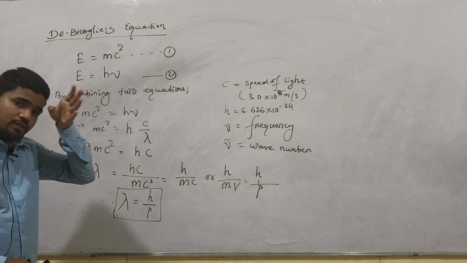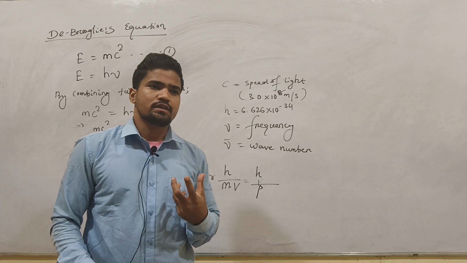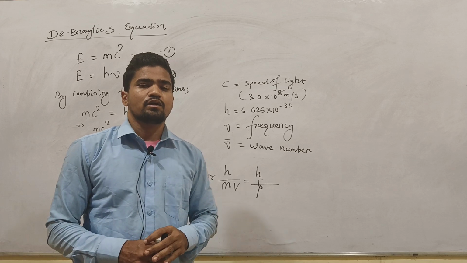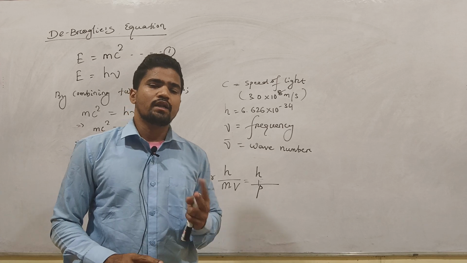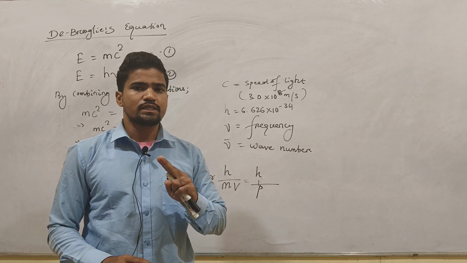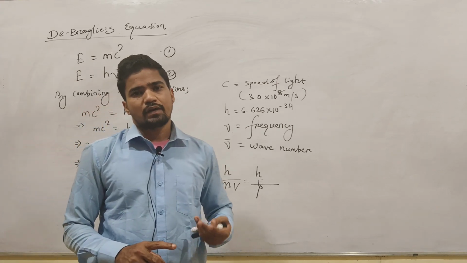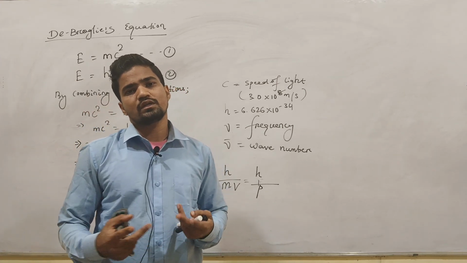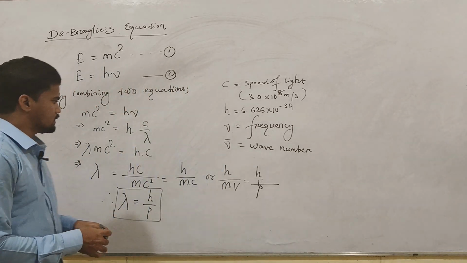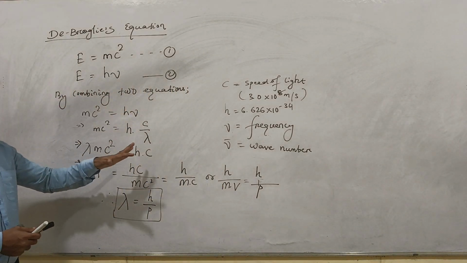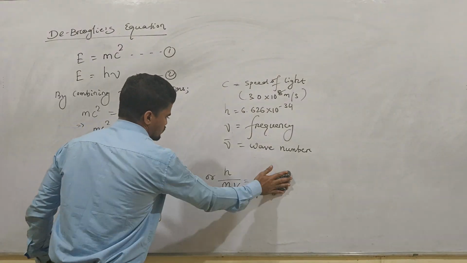This is also why it is called the dual nature of matter, because de Broglie explained that an electron has a wave nature as well as a particle nature. Particle nature is what we discussed in the classical model, but the quantum mechanical model explains both natures. So let's do the questions.